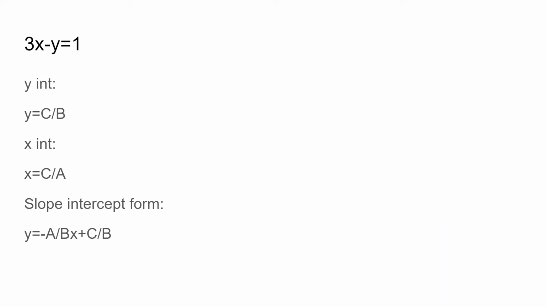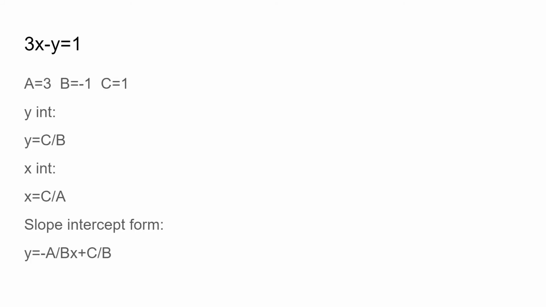And now let's use this for 3x minus y equals 1. So let's first substitute everything in and simplify it. And now we got that the y-intercept is at y equals negative 1, the x-intercept is at x equals 1/3, and the slope-intercept form is y equals 3x minus 1.